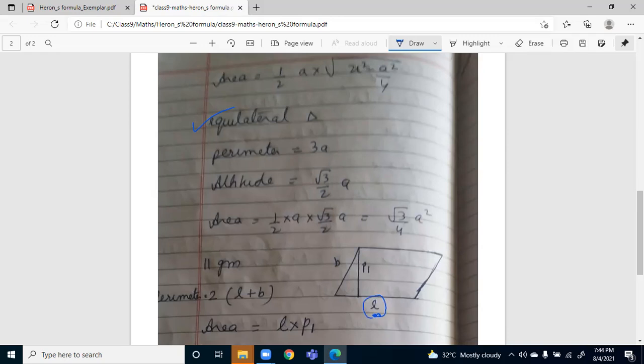Base here is length, and whatever is the height I have shown here as P1. So area of a parallelogram is given by L into P1, or you can say base into height. And perimeter is the same as a rectangle, 2 into (length plus breadth).